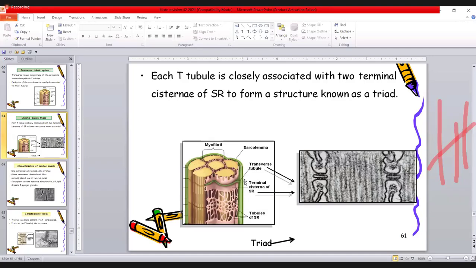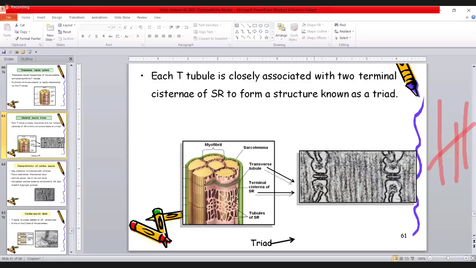And there's this special tubule known as the transverse tubule, in shortened form the T-tubule. The sarcoplasmic reticulum is arranged on either side of this T-tubule. So you can see two sarcoplasmic reticulum surrounding a transverse tubule. Therefore, there are three items, and we call it a triad.